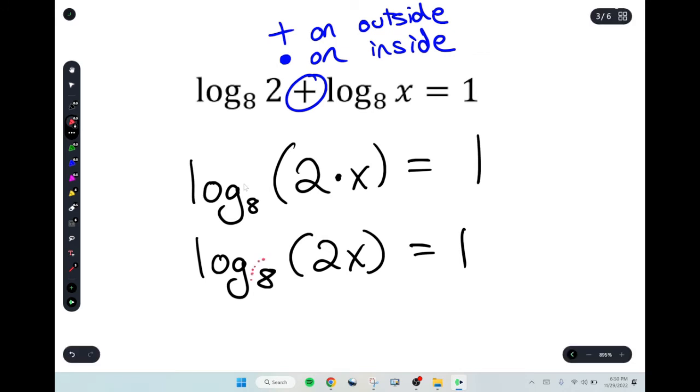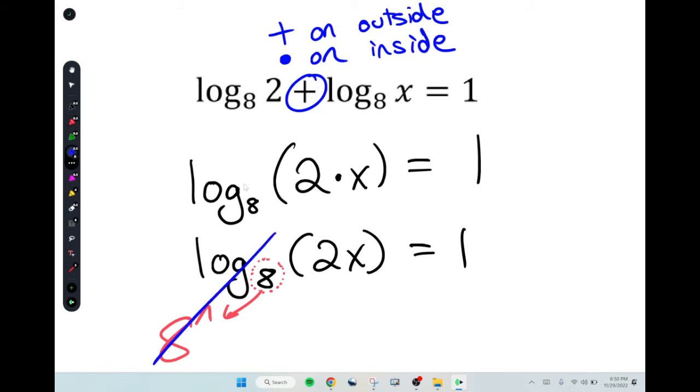What's this thing called right here? It's called a base. So you take the base and you make it a base. And that cancels it out. That's literally the way you cancel it out. That's how that goes away.